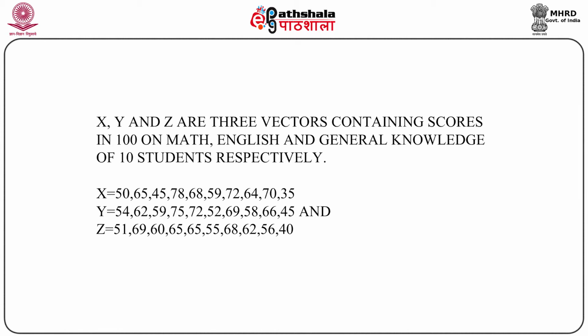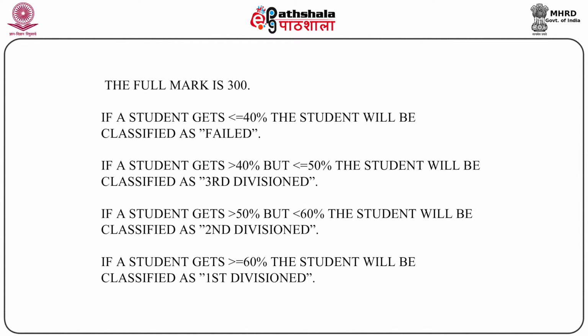The question is, given the numbers of these students in maths, English and general knowledge, how do we tell who will be classified as first, second or third division, or who will be classified as failed. Here are some of the specifications.